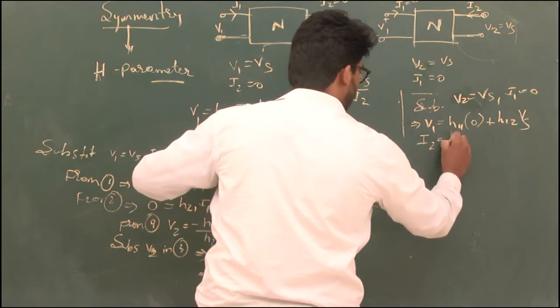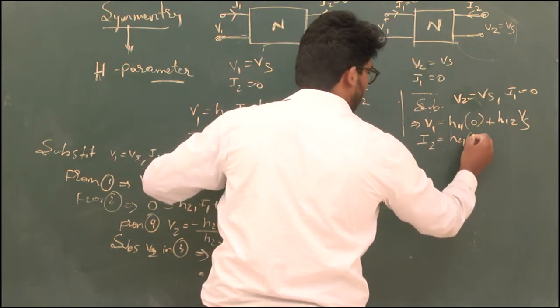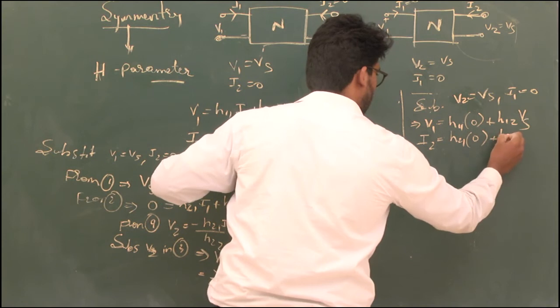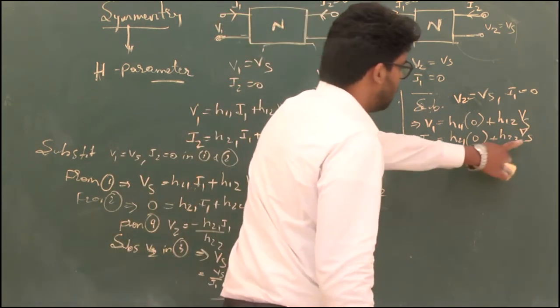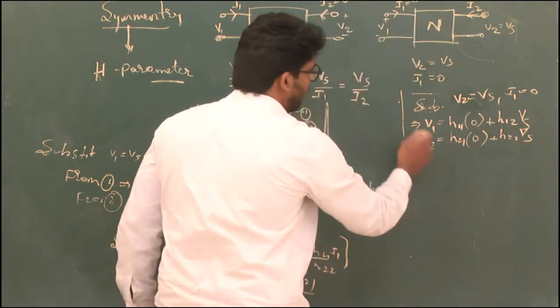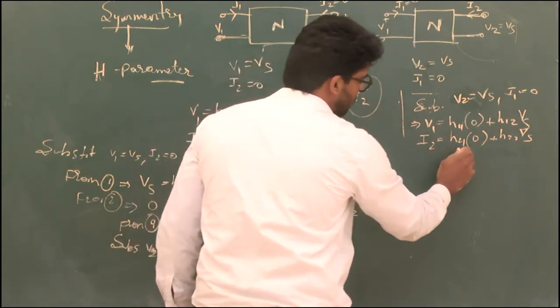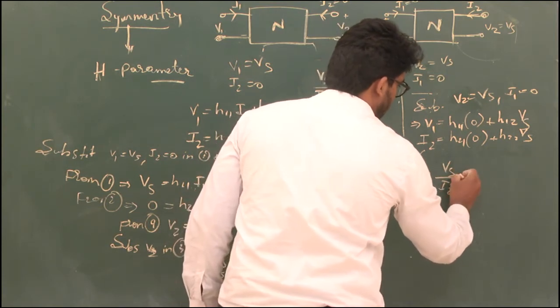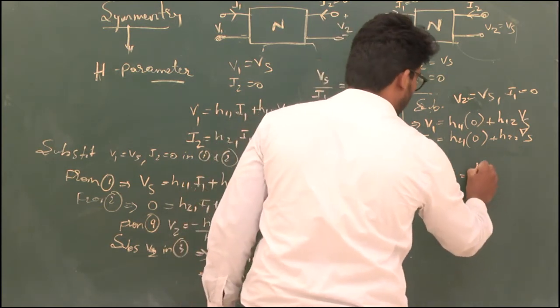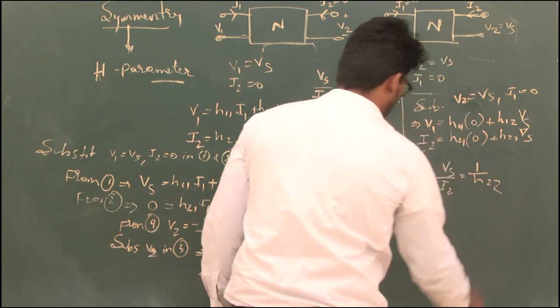And H21 I1 equal to 0 and H22 equal to Vs. So we need Vs by I2. From this equation directly you get Vs by I2 equal to 1 by H22.